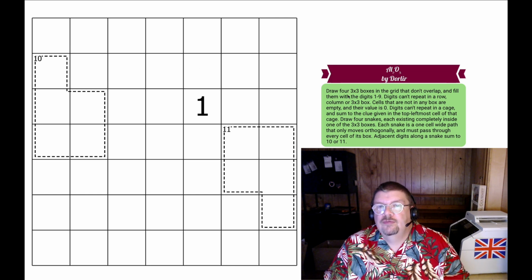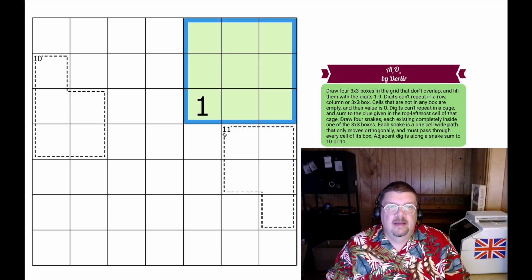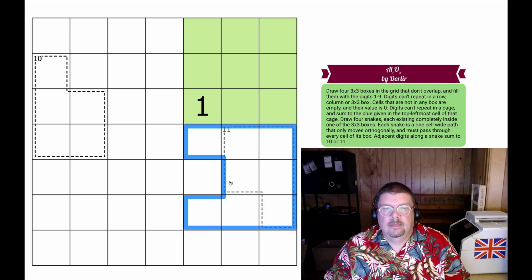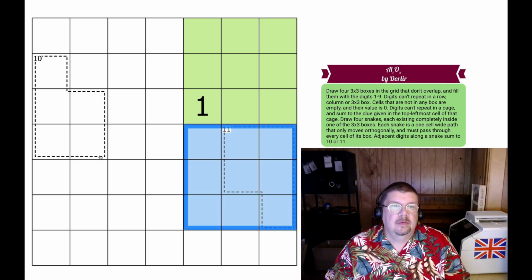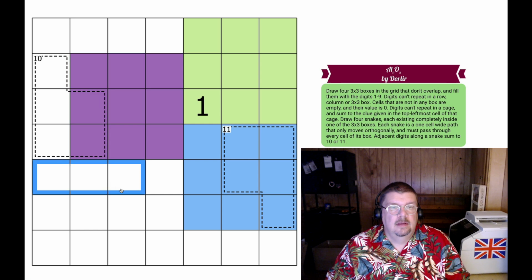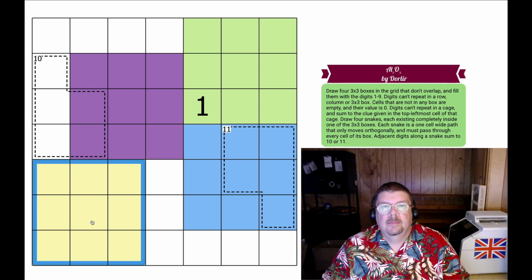Okay, we are going to draw 4 3x3 boxes in the grid that do not overlap and fill them with the digits 1 to 9. So a possible way to do that might be there, there, here, and here.